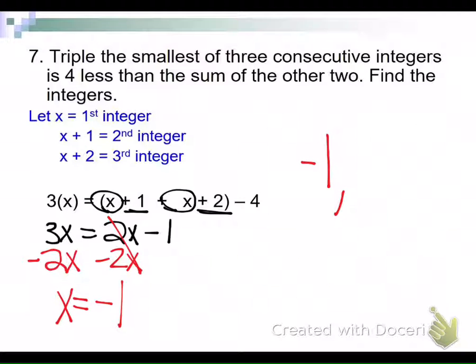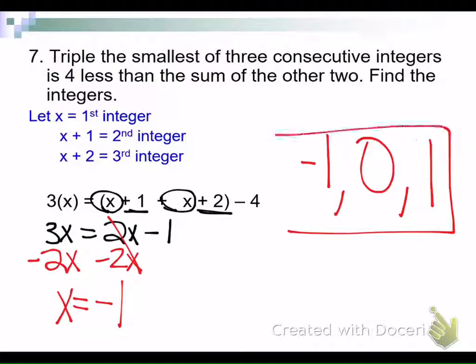What's the next integer after a negative 1? A 0. Yes. And then a 1. Okay, this one's a little harder to check, but I'm going to see if I can do it.